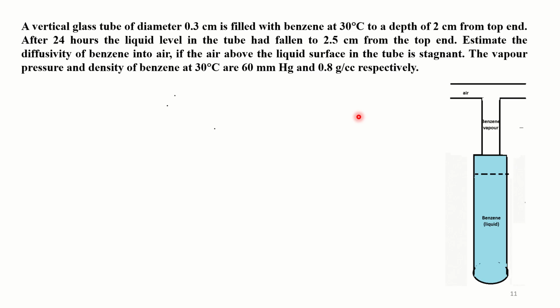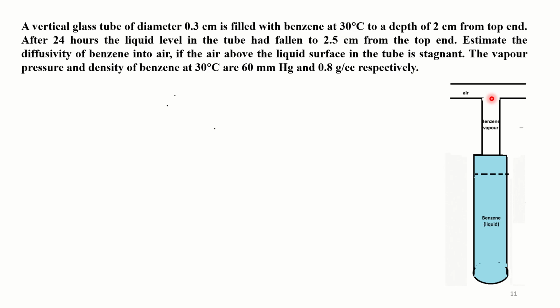Then what is given? Estimate the diffusivity of benzene into air. That is what we need to calculate. If the air above the liquid surface in the tube is stagnant, the liquid benzene vaporizes, and in the form of benzene vapor, it diffuses through atmospheric air, which is stagnant.